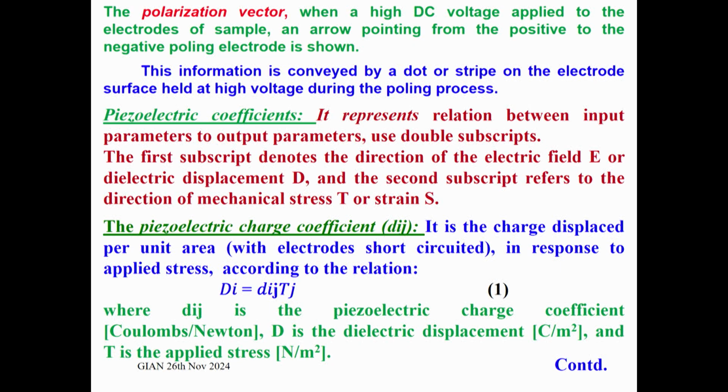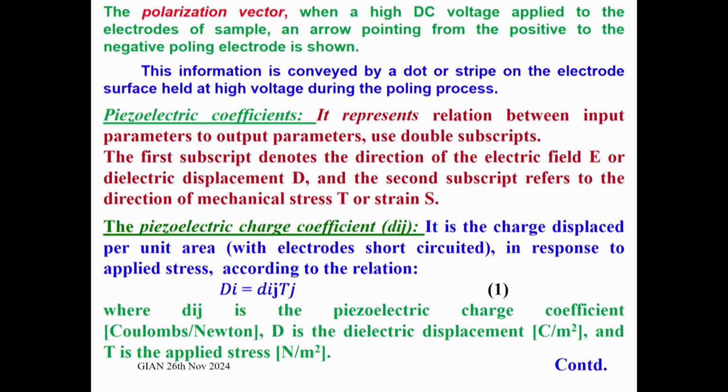IC741 is an 8-pin IC, and it has one dot to identify the pin from where counting should be started. Similarly, here the dot is put to check whether the particular sample is polarized or not. That gives you the direction of polarization.